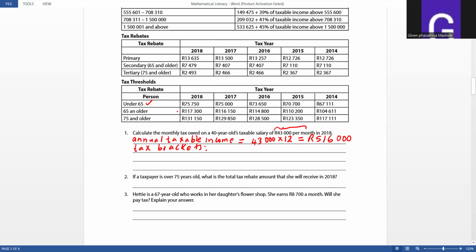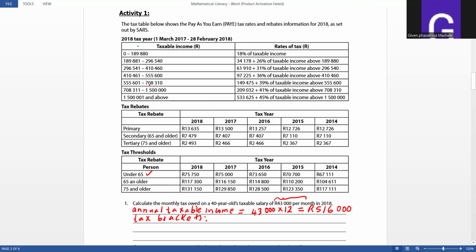The person is earning 516,000, and when we check from our brackets, this person is falling in bracket 4, because the amount is between 410,461 and 555,600. This is what he qualifies to pay as tax.